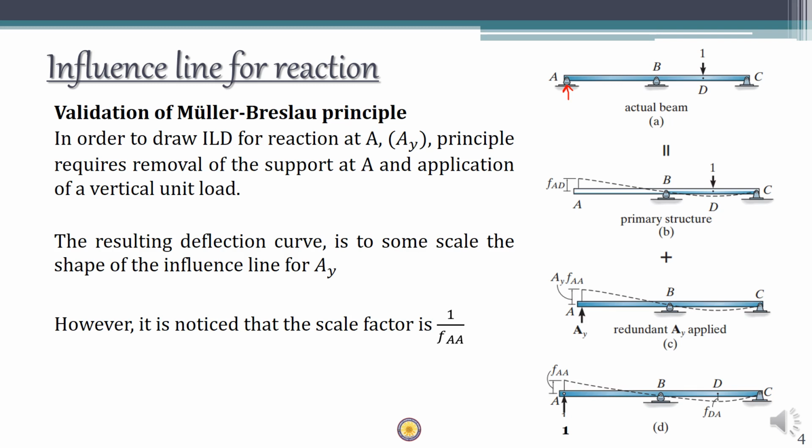So displacement is going to be something like this. Once you compute the ILD for AY, you can see that the ILD also will bear the same shape as this, but there is a scale factor of 1 by FAA, that is, you have to multiply this deflection by 1 by FAA.